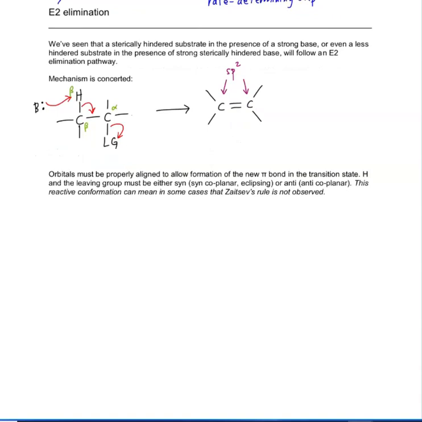There are two conformations that are going to allow that to happen. These are called the reactive conformations, which we saw when we looked at the formation of epoxides. The reactive conformations for E2 allow the correct orbital alignment that permits the pi bond to form.